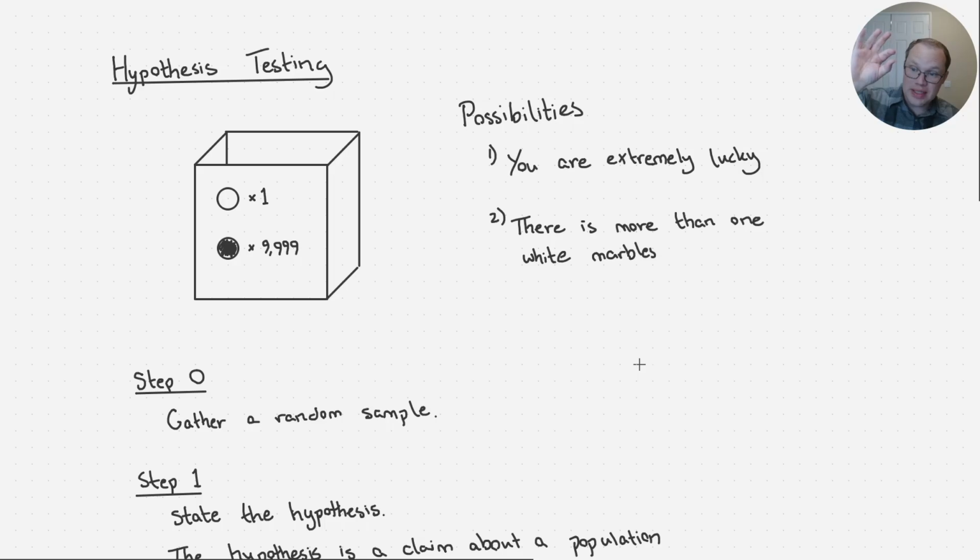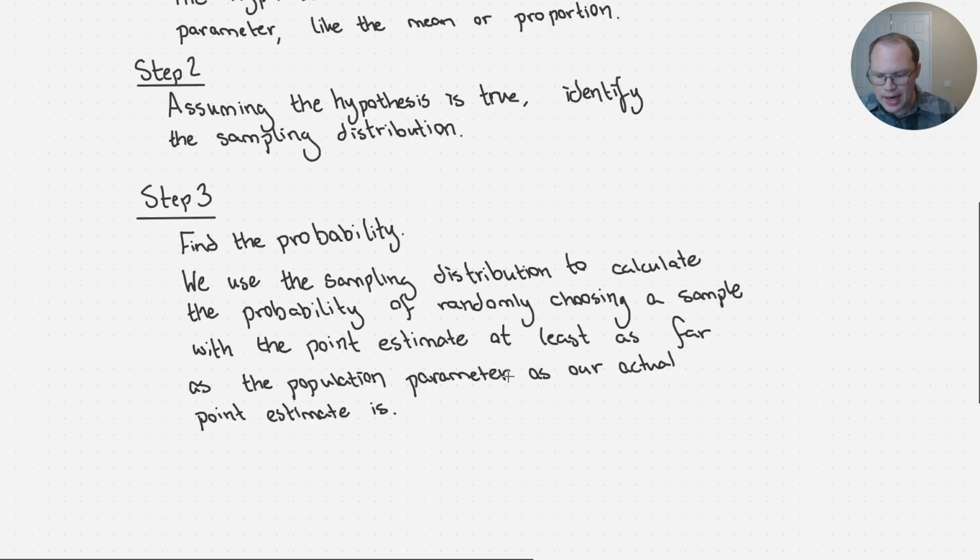And so the fact that we did suggests that maybe the hypothesis we are assuming to be true isn't actually true. So we didn't actually calculate the actual probability, but we know that the probability of choosing that one white marble out of all 10,000 is going to be very small. When we actually get to the problems, we're going to calculate the actual probability, not just use intuition, so that we have exact values to work with.